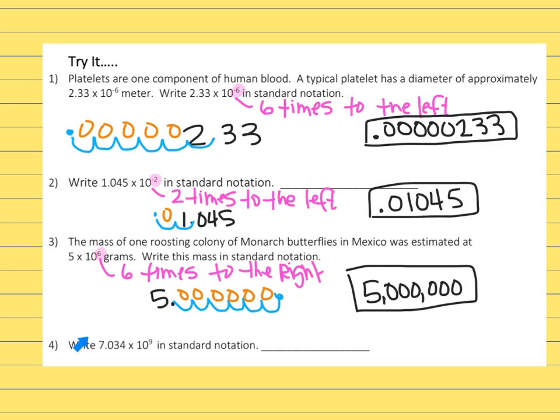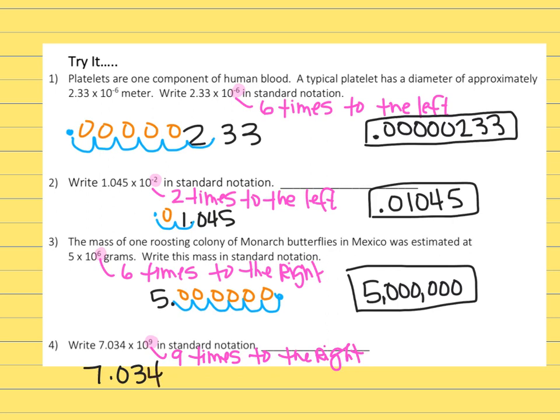And then question number 4 says write 7.034 times 10 to the 9th power in standard notation. Step 1, check the exponent. It's a 9. That means move the decimal point 9 times. And because it's positive, you're going to move it to the right. So 9 times to the right. And the number starts out as 7.034.